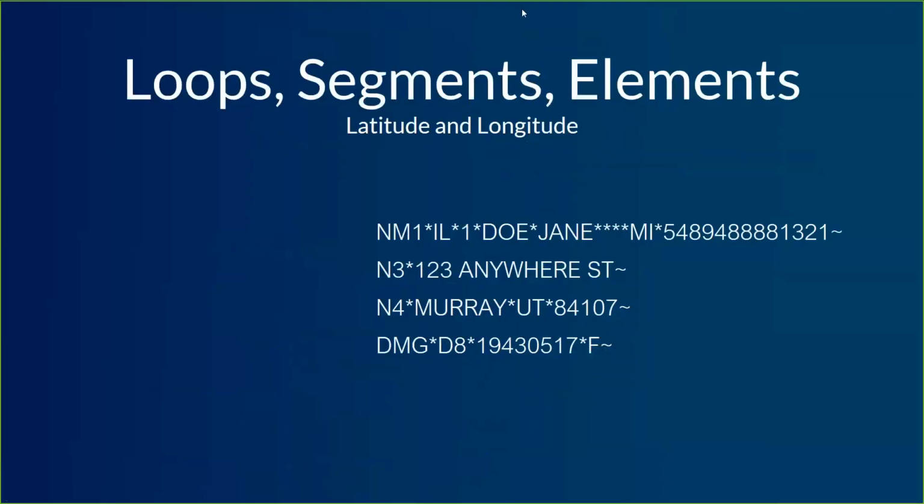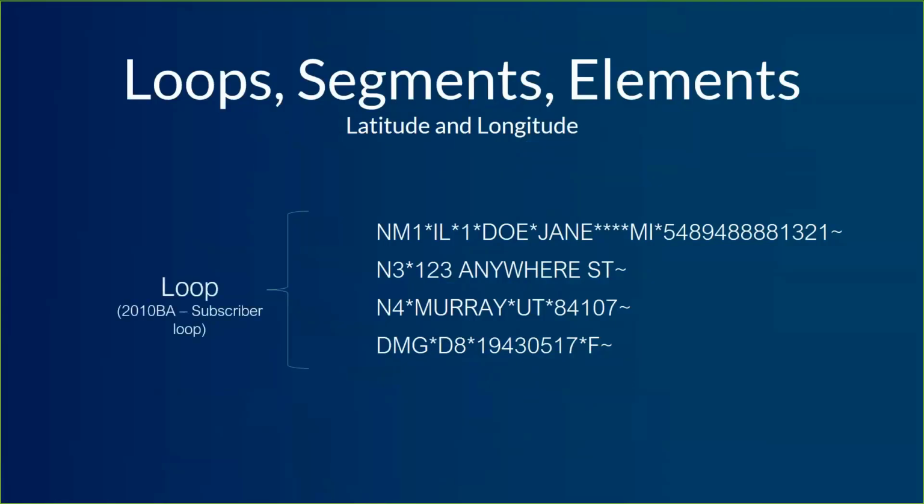Now, I like to call that our version of latitude and longitude, because latitude and longitude is a comparison most people get. It's familiar, and it does help us pinpoint the location of something. So it's very, very similar in X12 using loop, segments, and elements.